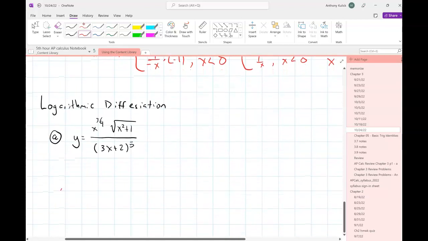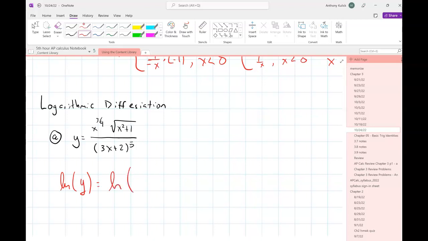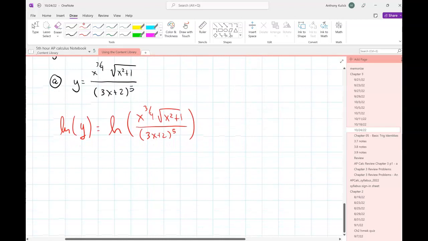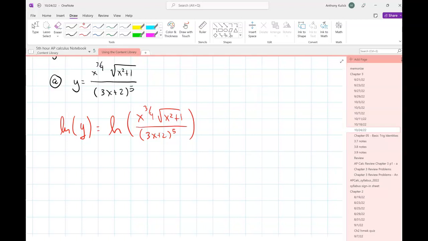Okay, the first step is to just take the natural log of both sides. On the left side now, I can use my power properties of logarithms to take this from a complicated derivative problem into several simpler derivative problems.